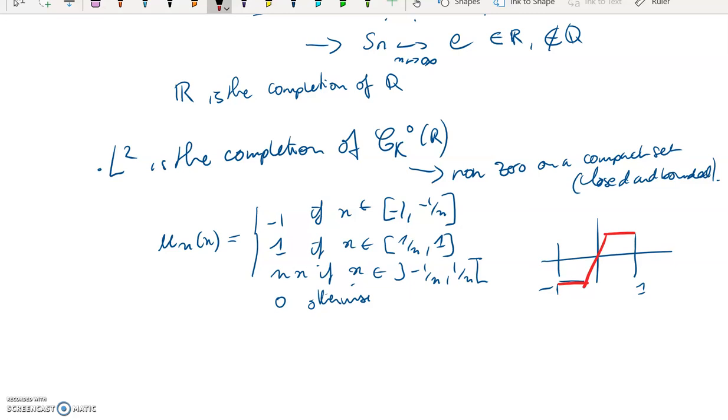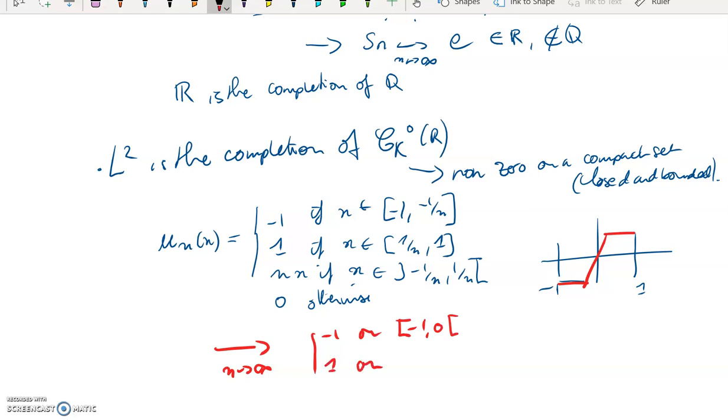It's a rather nice continuous function, and it's integrable, whatever integration you want to make on it, because it's non-zero only on a compact set. But if you take the limit as n tends to infinity, it tends to a discontinuous function, which is just -1 on (-1,0), and +1 on (0,1). You can exclude or include 0, it doesn't matter.